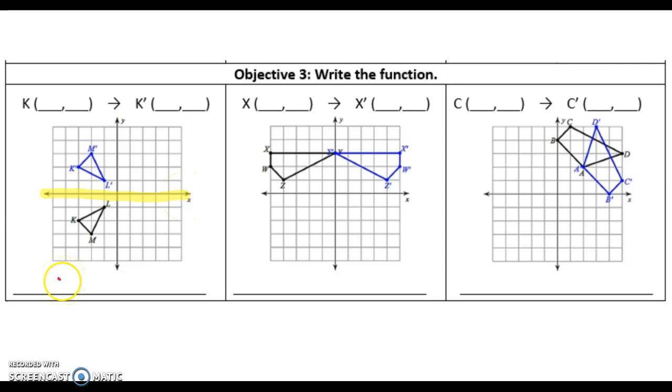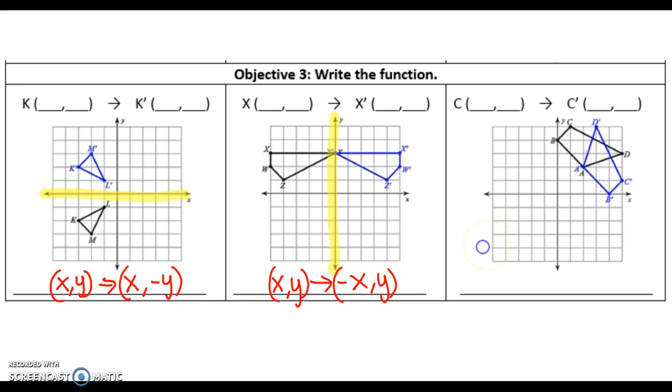So all we have to do is write the function for reflection across the x-axis, and that is (x, y) becomes (x, -y). And as we look at this one, we can clearly see that this pre-image was reflected across the y-axis. So its function is (x, y) becomes (-x, y).